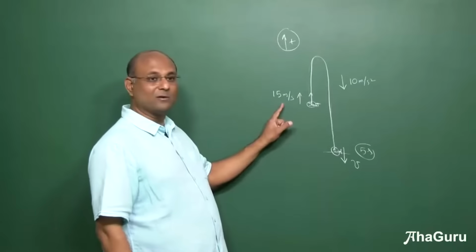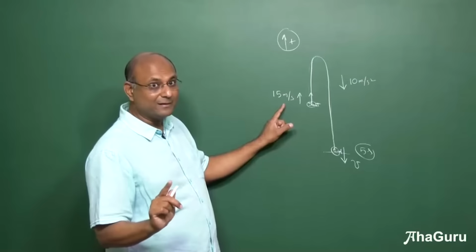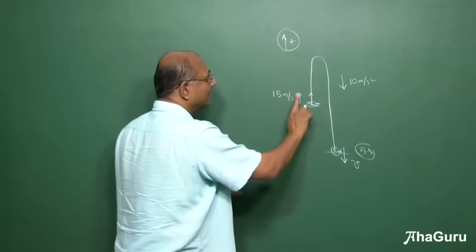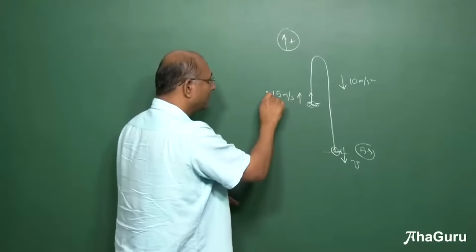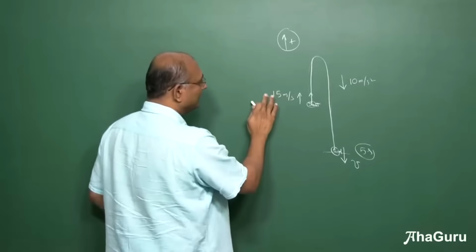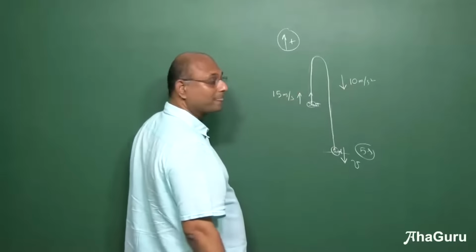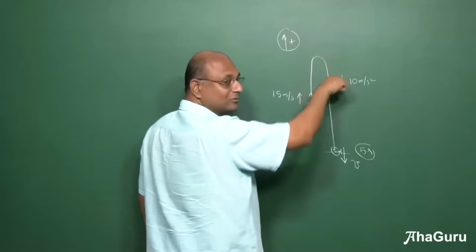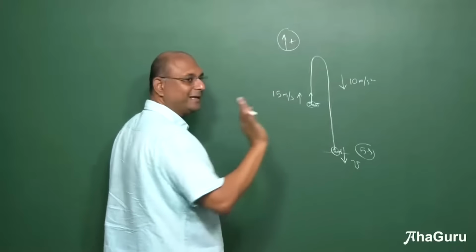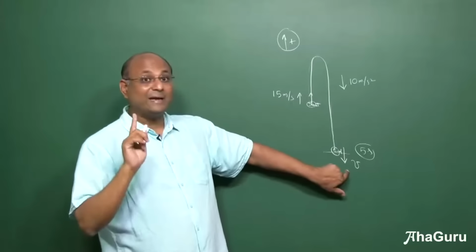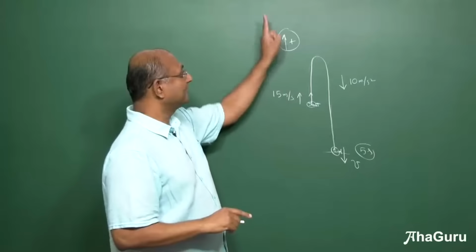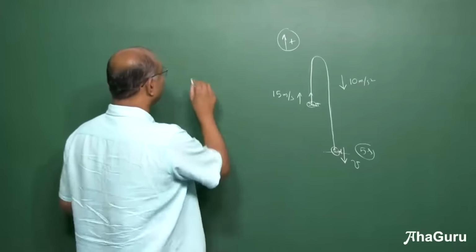What about this fellow? Plus 15 or minus 15? Plus 15. Okay? So I won't write it here. I'll just say it is plus 15. What about this fellow? Plus is that way. This is down. So it is minus 10. This is V. V should be negative. Why? Because that is plus. This is downwards.